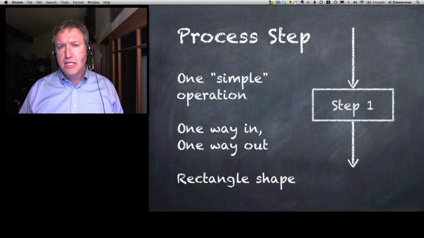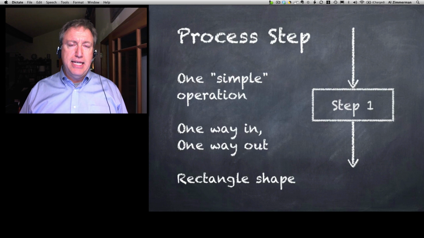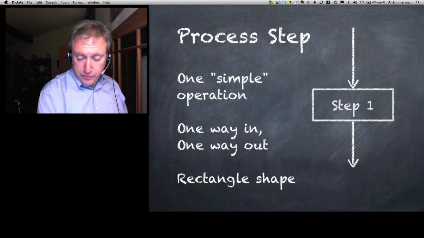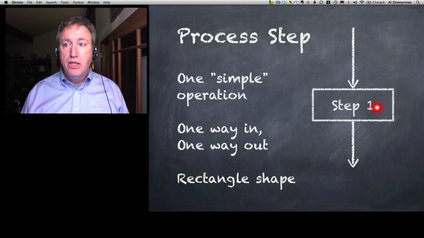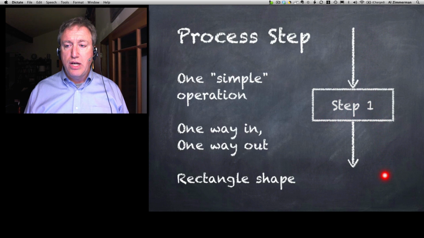First, the most elemental part of a flowchart is the step. It's a process step. It's a rectangle. You go in and flow comes down here. There's one operation which is described in the text inside the rectangle, and then flow continues out there.